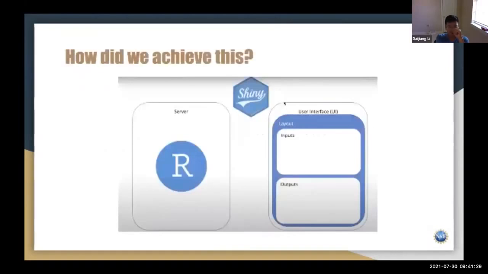So exactly, how did we achieve this? The Shiny application consists of two key components: the server that runs your R code, and a user interface that runs through the user's web browser or local machine. The UI will contain a layout which can place input fields and outputs, such as visualizations.